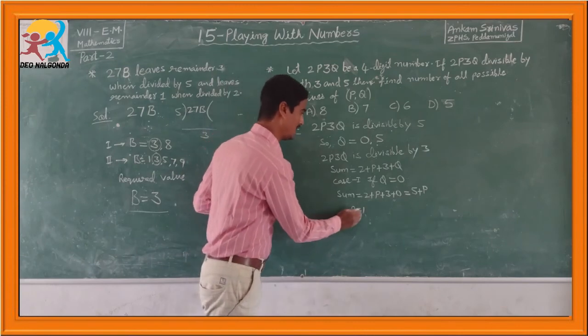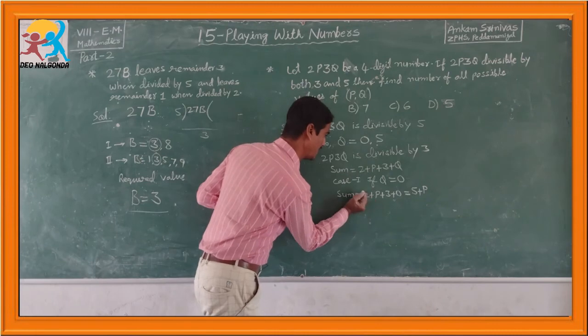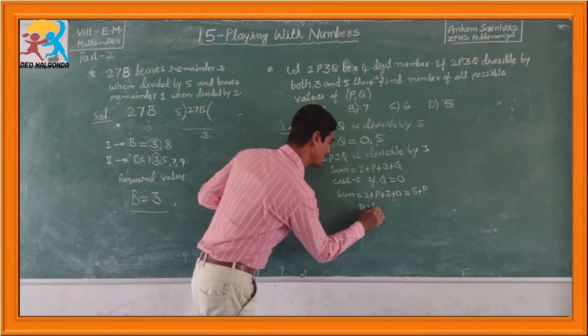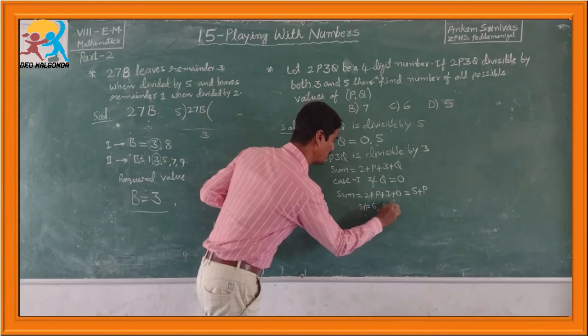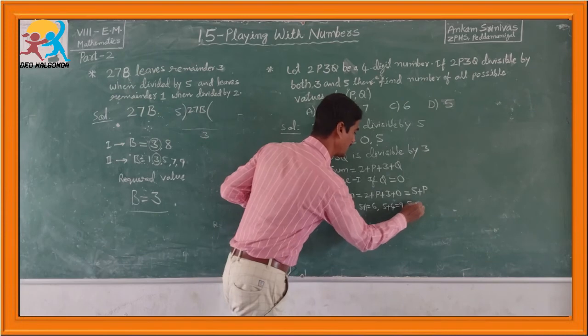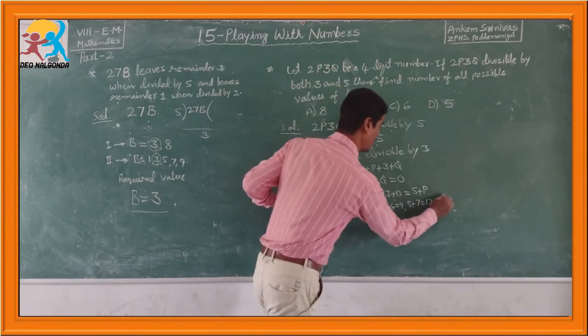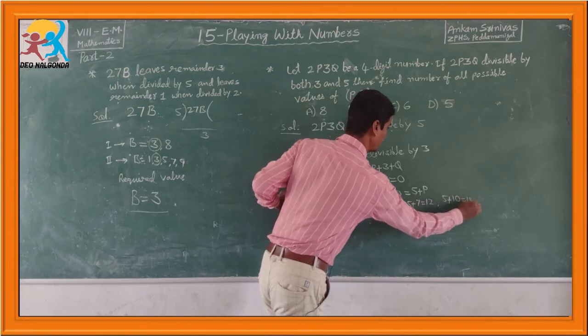If I take p equal to 4, it becomes 9. 5 plus 7, 12, and 5 plus 10, 15.